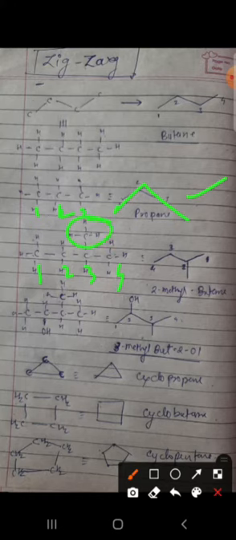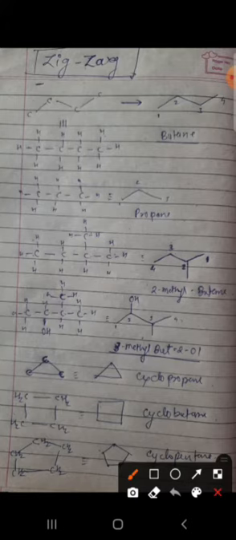The first carbon is down, second up, third down, fourth up, with one substitution over the third carbon. The nomenclature is the same for both structures, but the zigzag structure is very easy for us to learn.